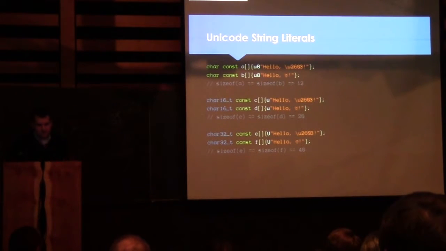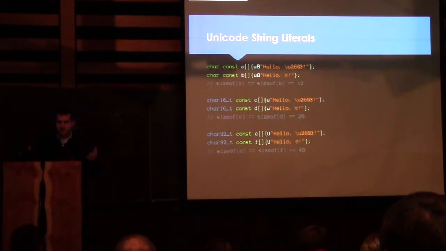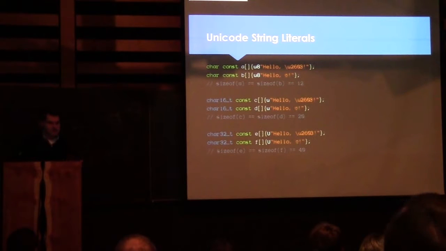In addition to having these code unit types, you can have Unicode string literals. These have new prefixes. It used to be that you could have no prefix or an L prefix for wchar_t. Now there is a u8 prefix, which means this is a UTF-8 string literal. There's a lowercase u, which means it's a UTF-16 string literal.